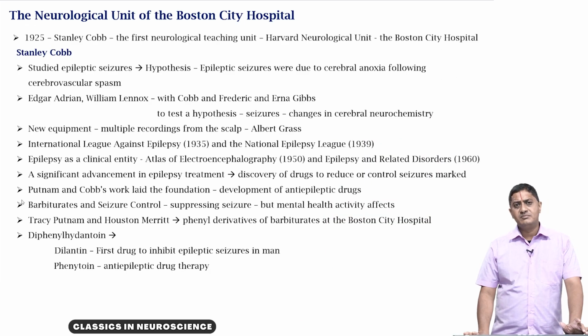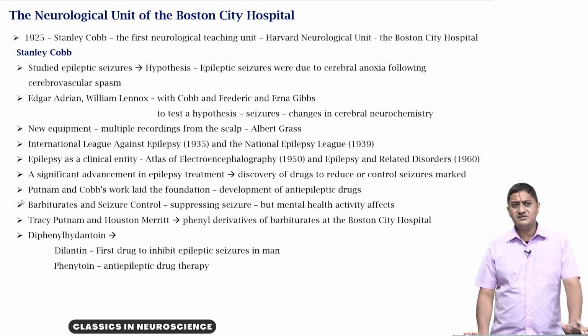Stanley Cobb became interested early on in the neural basis of epileptic seizures, and so he practically started what was perhaps the first neurological teaching unit, the Harvard Neurological Unit at the Boston City Hospital.